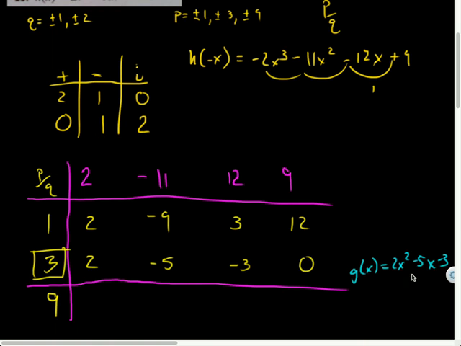And you wouldn't be wrong at this point just to take that and set it equal to 0 and factor to solve or use the quadratic formula or whatever. That wouldn't be wrong. All right. I'm going to continue using the table because that's the new skill to us, and I want us to be familiar with it. So let's try 9 here. I bring down this 2. 9 times 2 is 18.